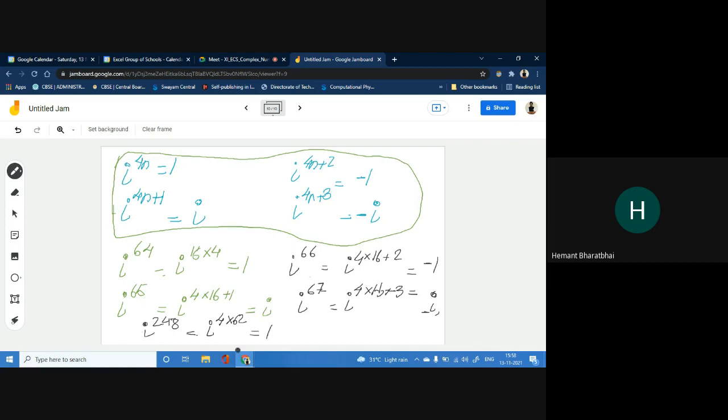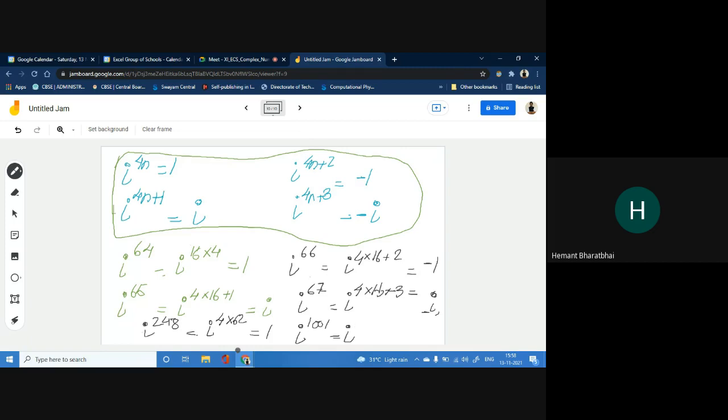So any power if it is given to you, you can find out. Suppose I write i raised to 1001. Now 250 into 4 is 1000.